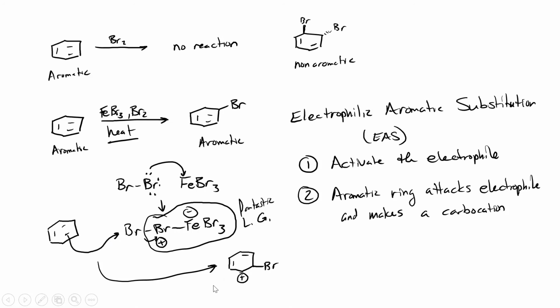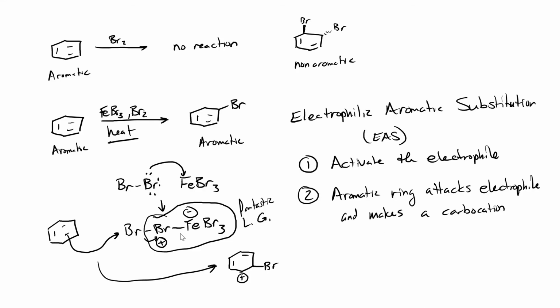We break the pi bond, which creates a carbocation, and notice that now we have a non-aromatic intermediate here, right? So we've gone from aromatic to non-aromatic. This is not a favorable step. The good news is that we're going to get back to aromatic by the time we finish this reaction. If we just stopped here, this reaction would never go anywhere because aromatic to non-aromatic is not a favorable process.